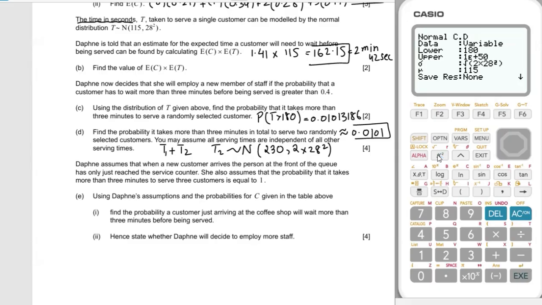And in place of the mean, I need to put 230, since the calculator already did that calculation for me. Let's execute. And this is giving me 0.89664981.